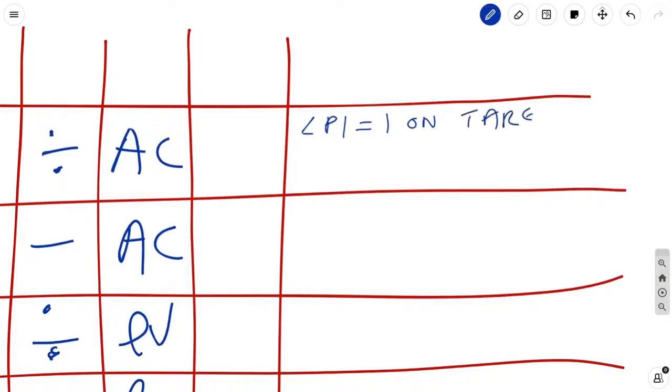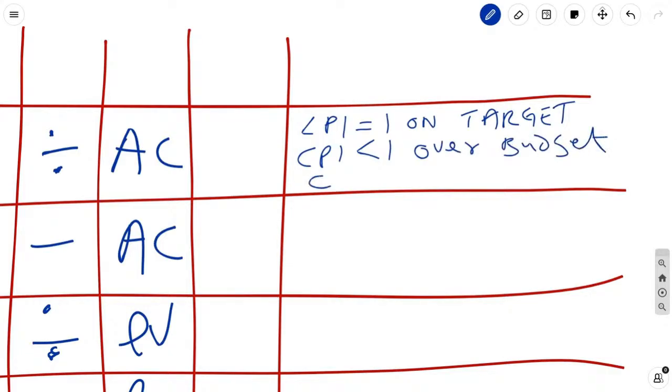And honestly, it's not a bad thing to actually write these down for yourself so you remember. CPI equals 1, you're right on target. CPI less than 1, you are over budget. And if CPI is greater than 1, you are under budget.